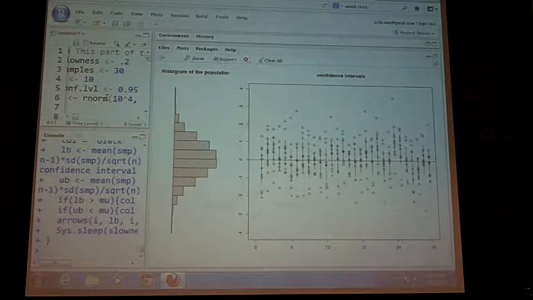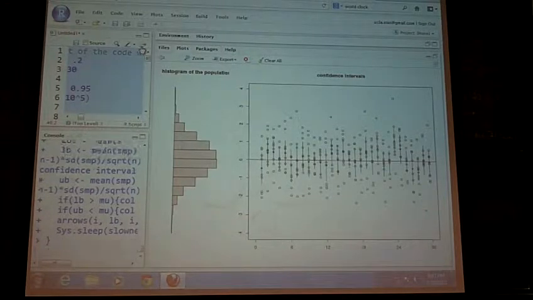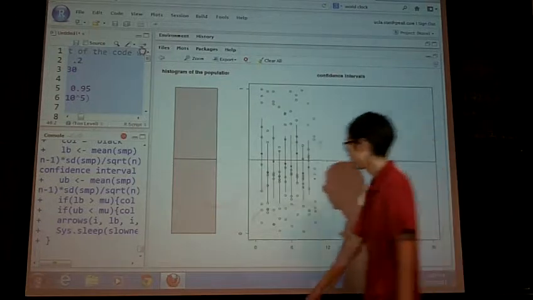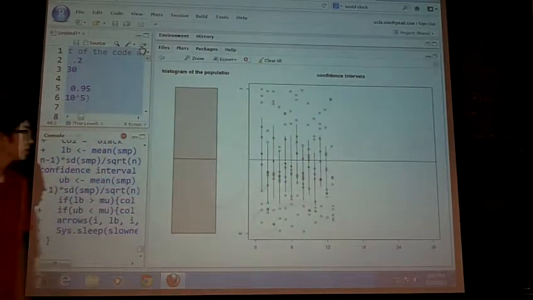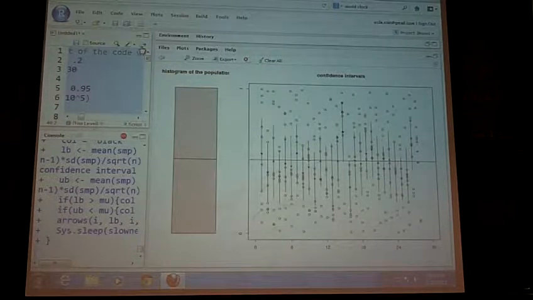Okay, and we can see, I can make confidence intervals for a uniform distribution. Here is the uniform distribution showing that all numbers are equally likely, and we're getting quite a diverse range here.